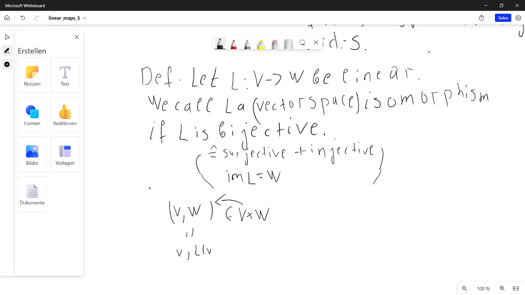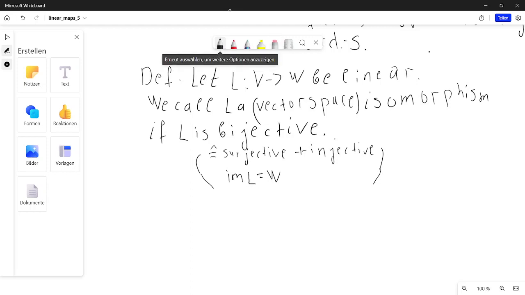Sorry, not this set, because that would violate the definition of the function. For example, for V we could have W1 and then we could have V, W2. Of course, that's not what I mean. What I mean is just that bijectivity means really one-to-one correspondence.